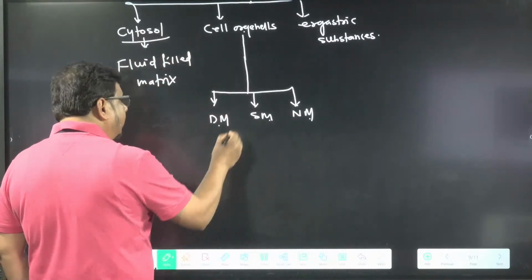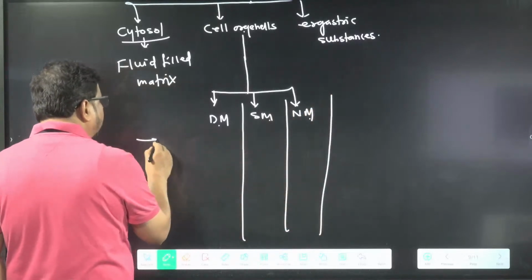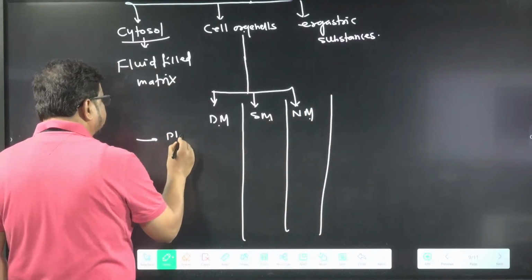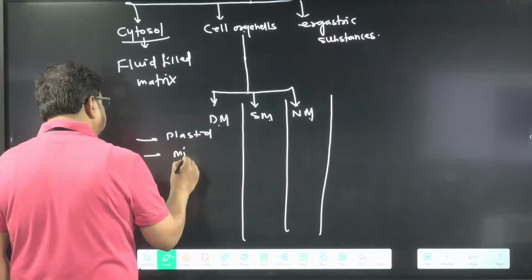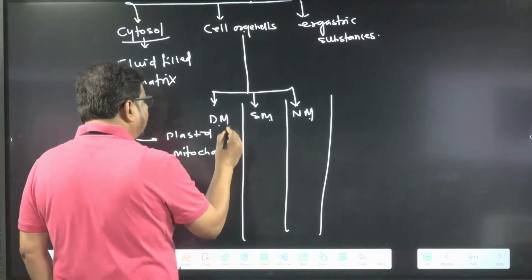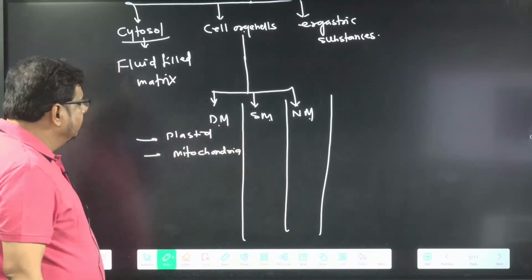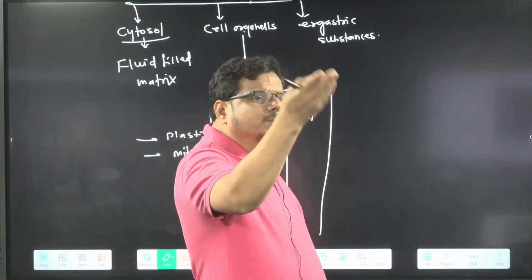So double membrane bounded organelles, you better know. What are the names of double membrane bounded organelles? It is plastid and it is mitochondria. These two cytoplasmic organelles have double membrane. The nucleus also has a double membrane, but it is out of the cytoplasm.